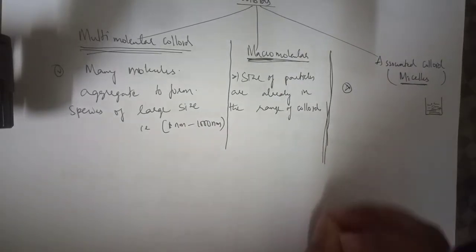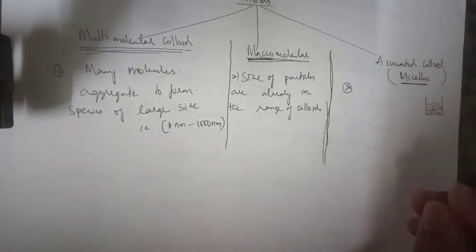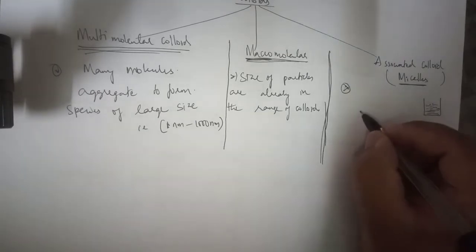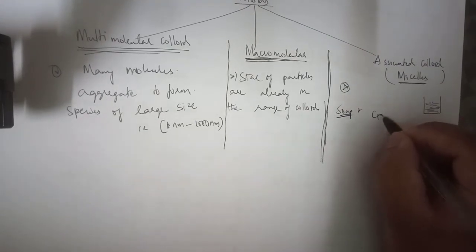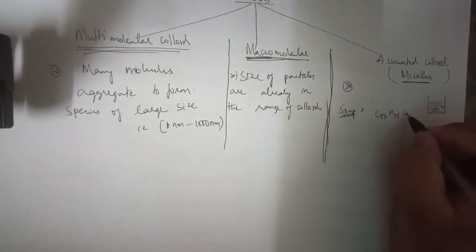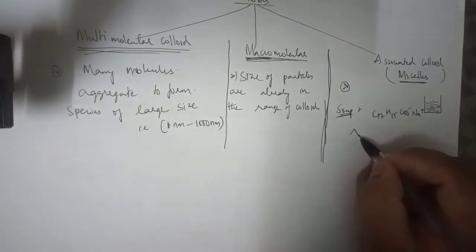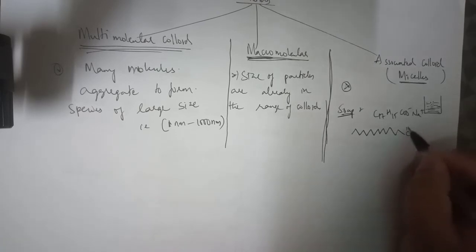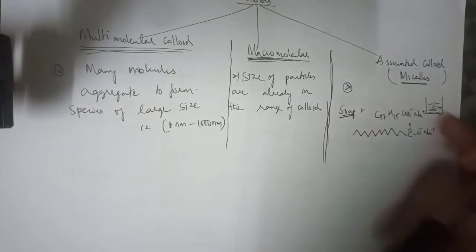By definition, these are substances which at lower concentration behave normally, for example stearic acid or a soap molecule, which actually looks like this: C17H35COO minus Na plus. That means 17 carbon atoms, then COO minus and Na plus.